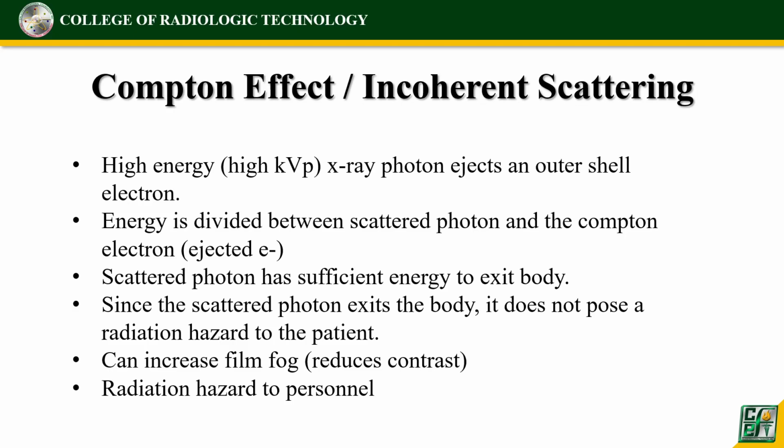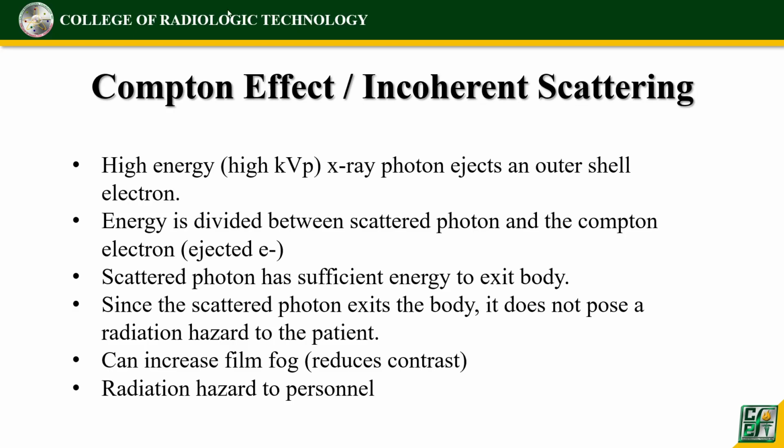And therefore, if there is ejection of an orbital electron, what happens? There is production of photons. So there will be a transfer of energy. The energy is divided between the scattered photons and the Compton electron.